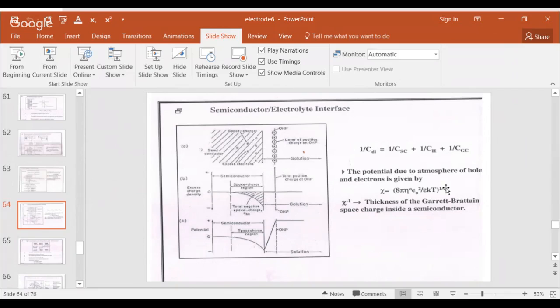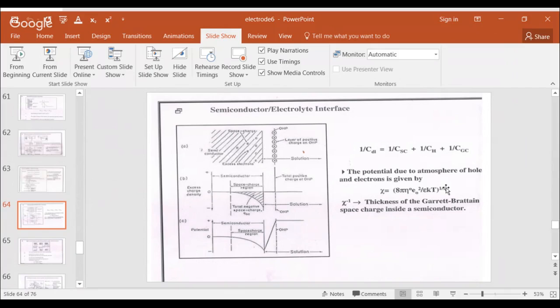We have already done the orientation for a metal solution interface.